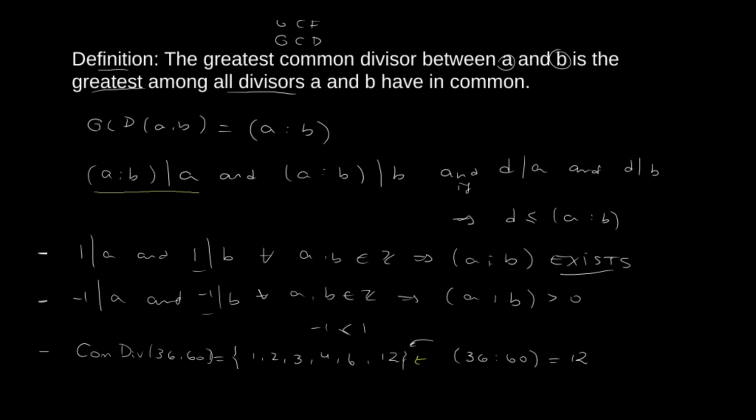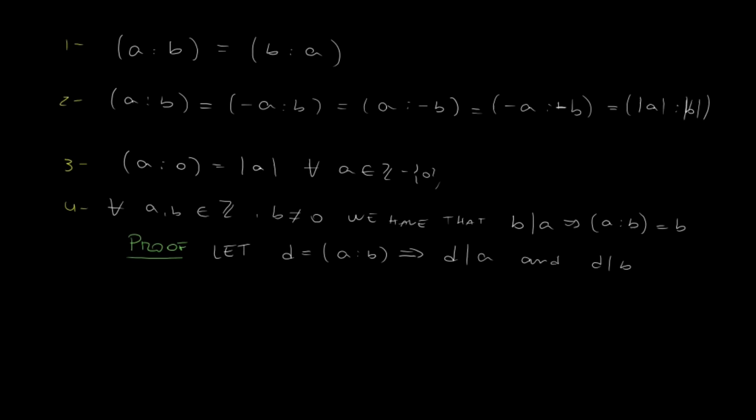The common divisor between a and b divides a, and it also divides b. So now, if we take any other number d that is not the greatest common divisor, then d will be smaller than the GCD. So we know, because of our hypothesis, that b divides a.